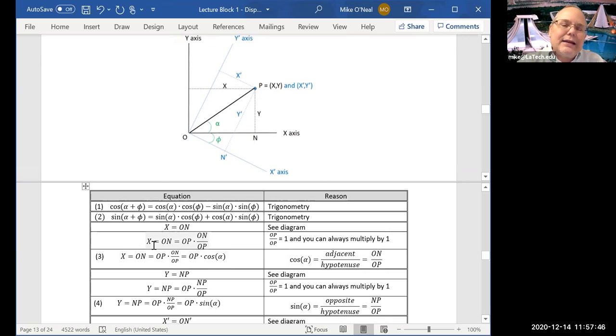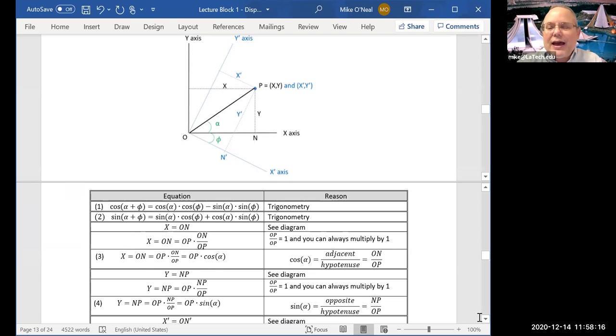So x, which equals ON, which equals OP times ON over OP, you can take the ON over OP and replace that with cosine of alpha, because that's what it means. So x is actually OP times cosine alpha. Do you see that? I didn't do any trickery. It was really very, very straightforward.